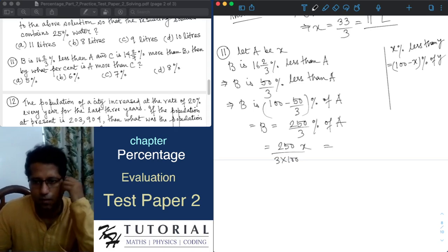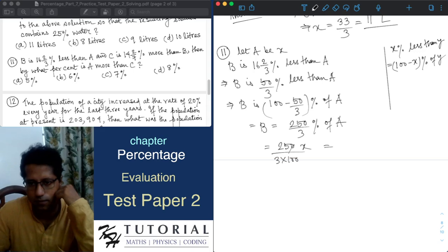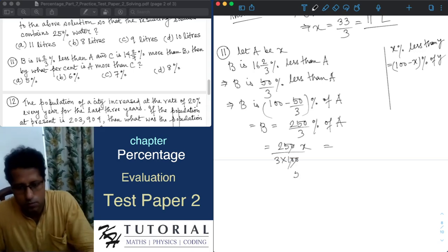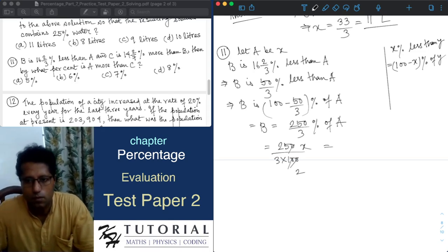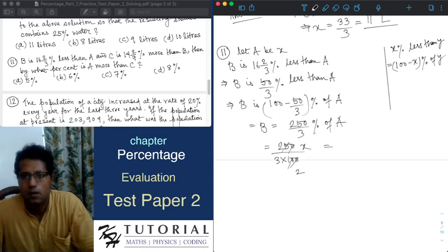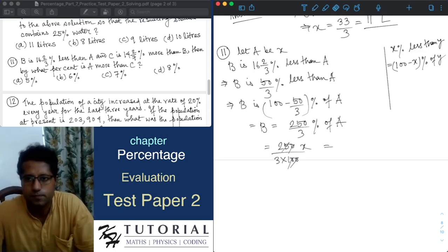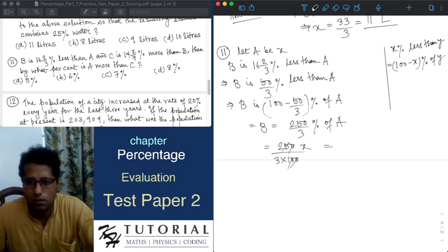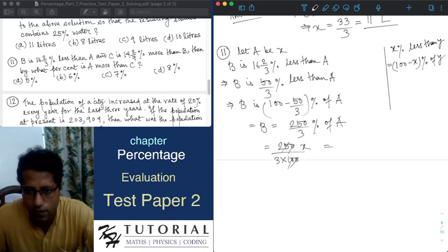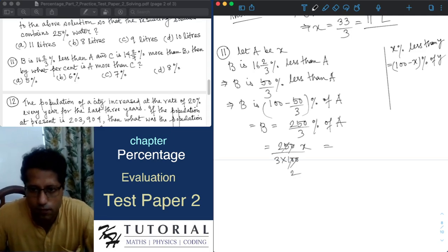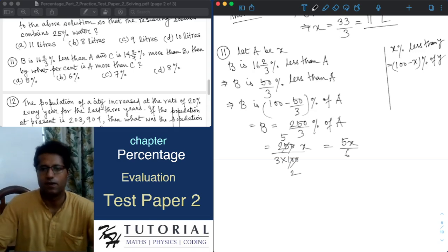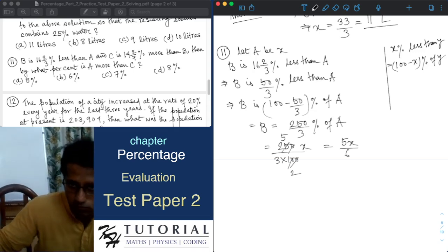If we simplify this further, 0 cancels out, 5, 2, 5, 5. So this is 5x by 6. B is 5x by 6, and we have assumed A to be x.